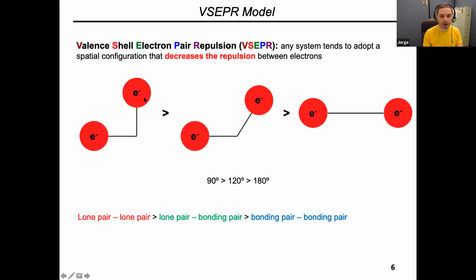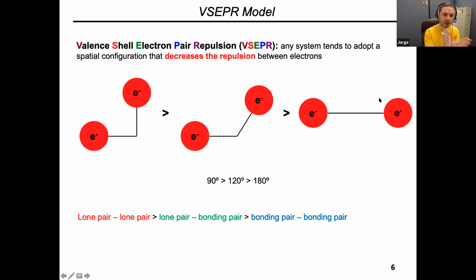Therefore, when electron pairs are separated by 90 degrees, that has a higher repulsion than when they are separated by 120 degrees, and that's higher repulsion than when they are separated by 180 degrees.